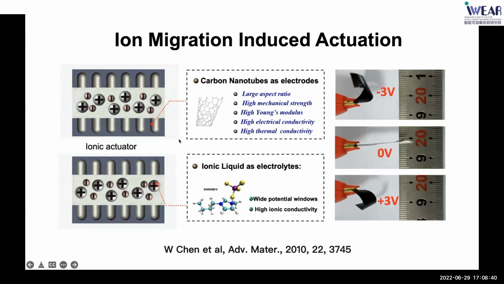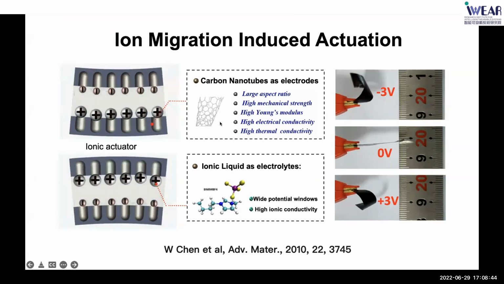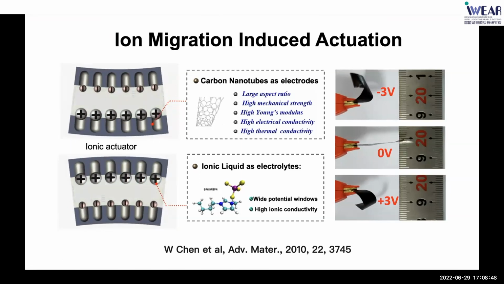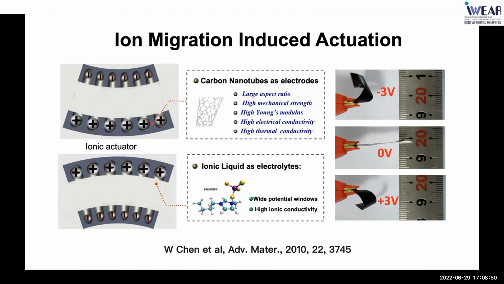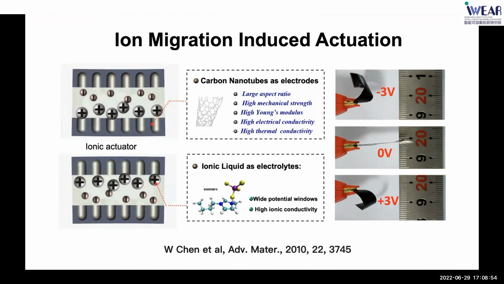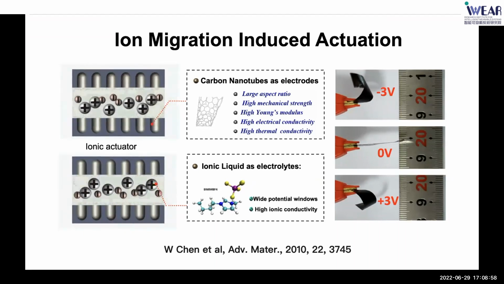In our first publication, carbon nanotubes were used as the electrodes. Compared with metals, they are highly conductive and highly flexible. And for the electrolyte, we use ionic liquid.